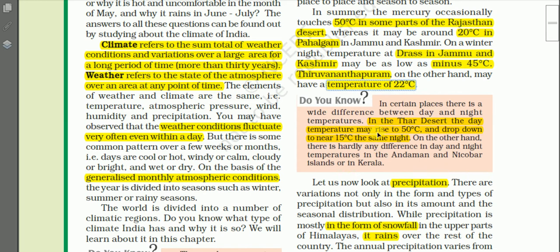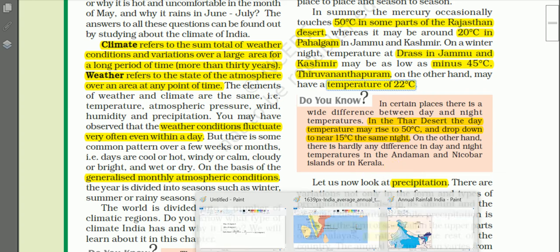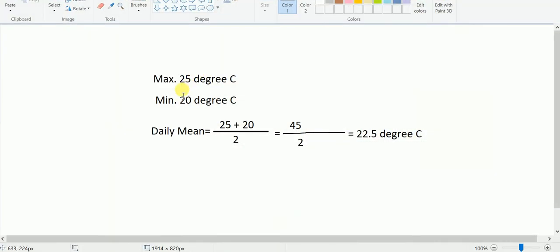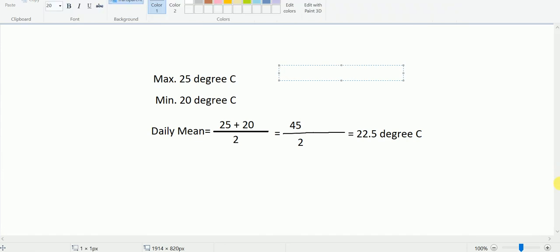So, here in the box, we find some information. In certain places there is a wide difference between the day temperature and the night temperature, and this is what we call the range of temperature. Say, for example, the maximum temperature of a day is 25 and the minimum temperature is 20.